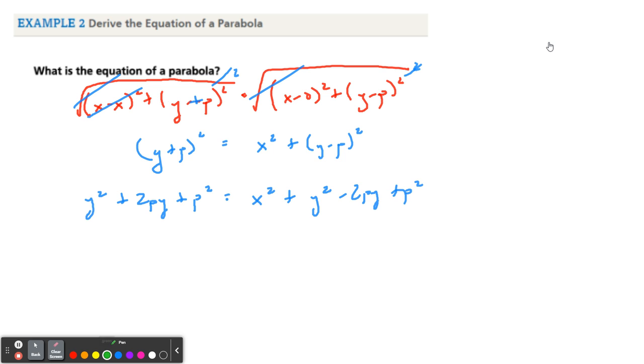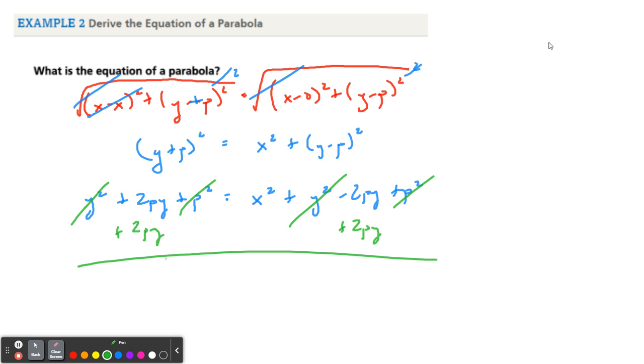And now some nice things are going to cancel. If you look here, we have y squared on both sides, and we have p squared on both sides. Now I'm going to isolate the x squared, so I'm going to bring the negative 2py to the left by adding it. Let's add 2py to both sides. So this is now 4py equals x squared.